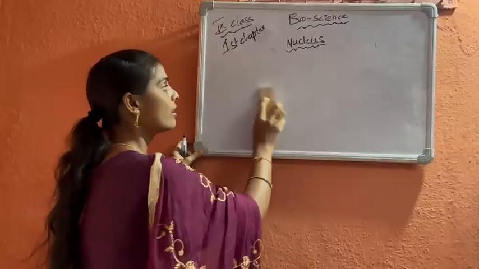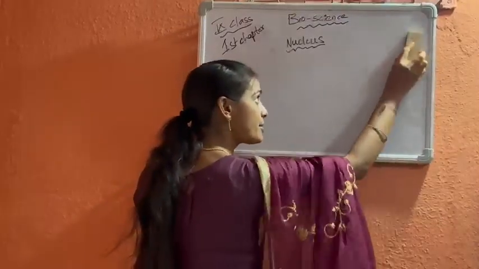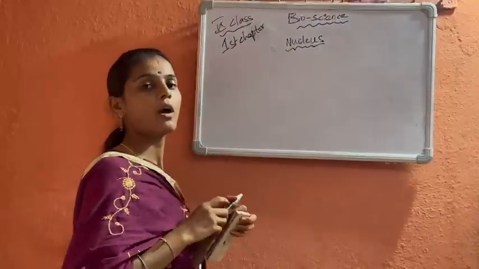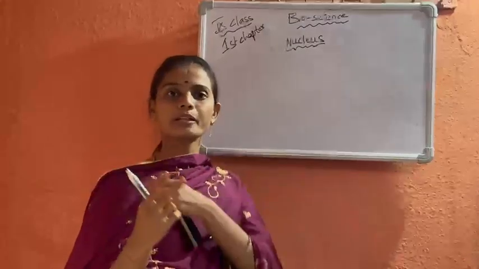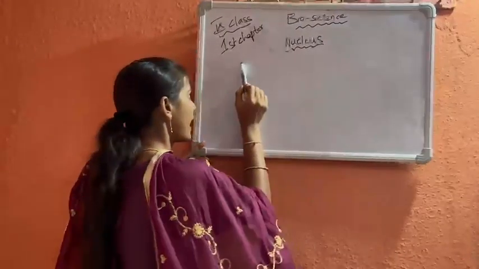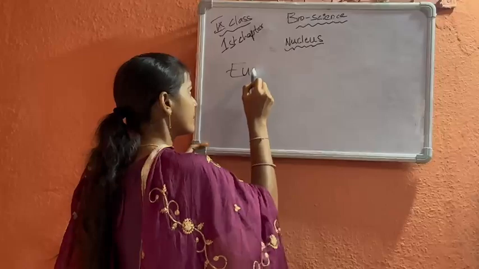Based on the presence and absence of nucleus, organisms are classified into two types. What are they? They are eukaryotes and prokaryotes.